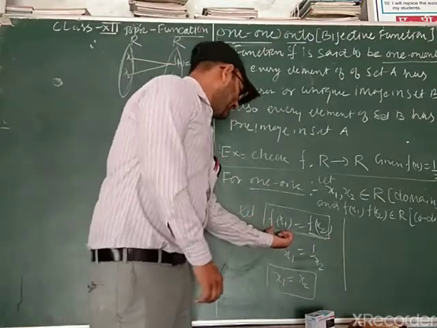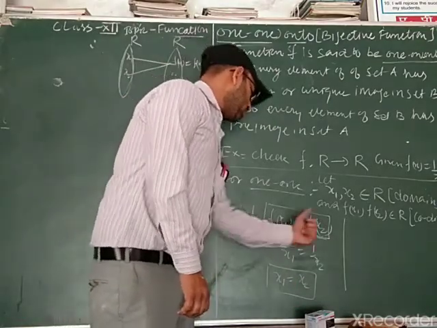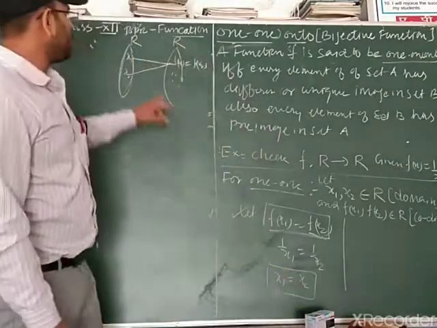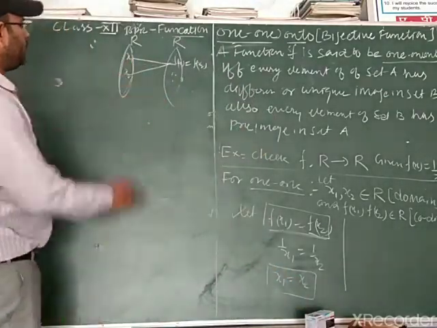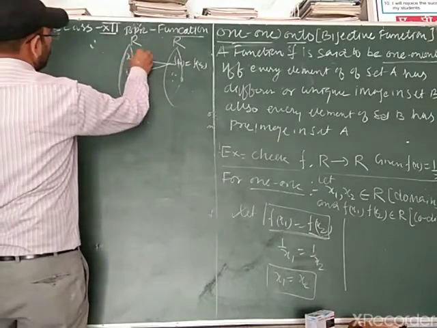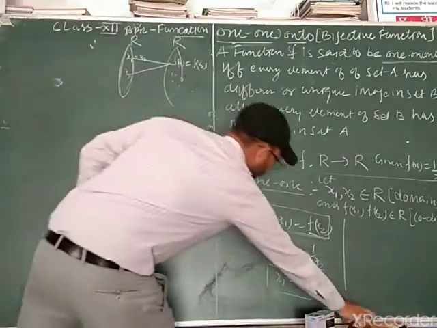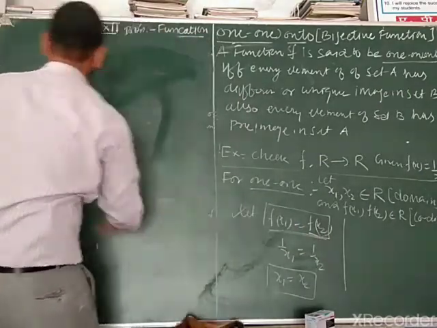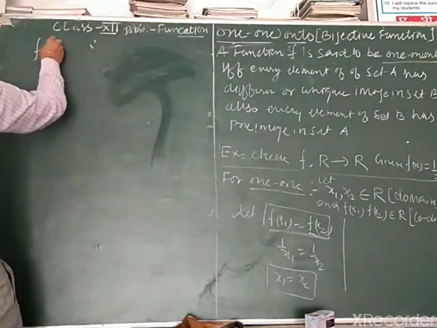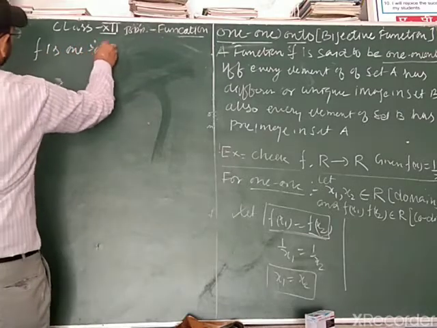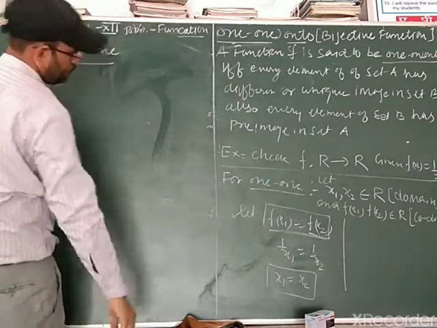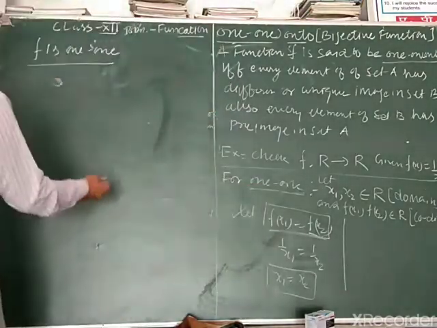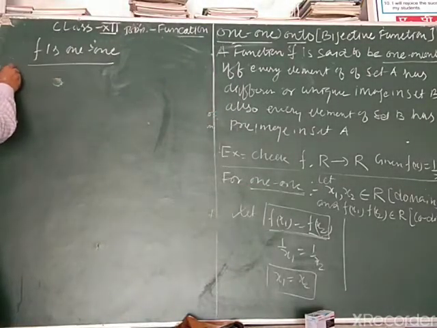At the starting we selected f(x1) is equal to f(x2), and finally we get x1 is equal to x2. It means these two elements are not different, they are a unique element. So finally we get f is one-one. Clear? So we have completed one-one. Now for onto.